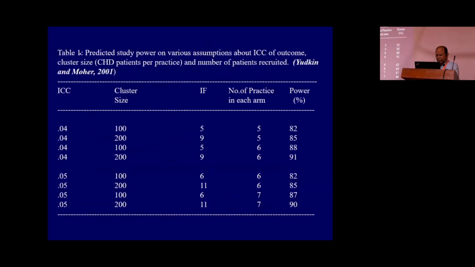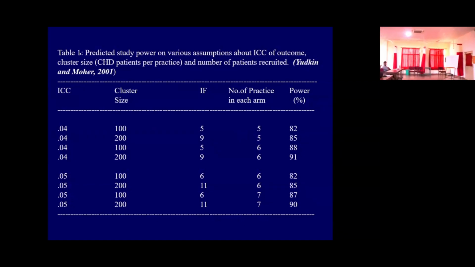These are some of the concepts. Now, there's another important concept. People design studies for cluster sampling. Let me give you an example. If I have 1,000 children to be studied, selected randomly using a cluster sampling approach, I have a number of clusters. Say the ICC is fixed.